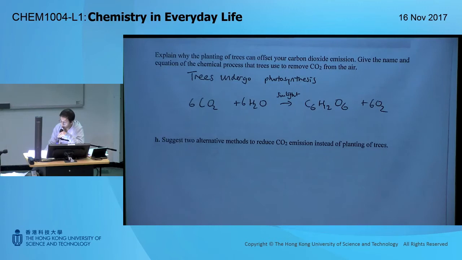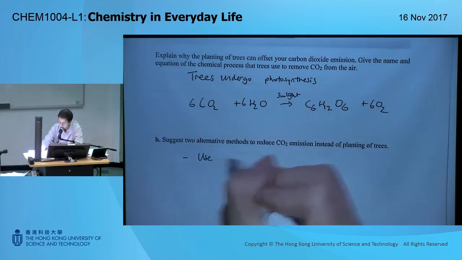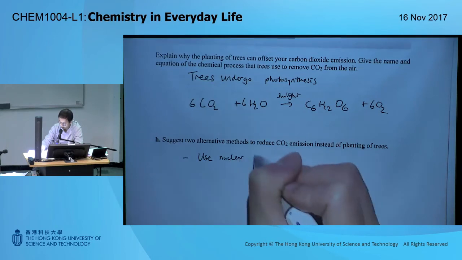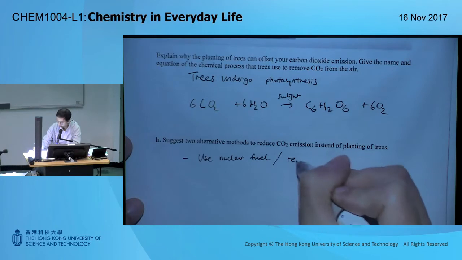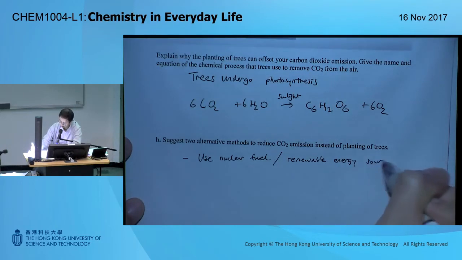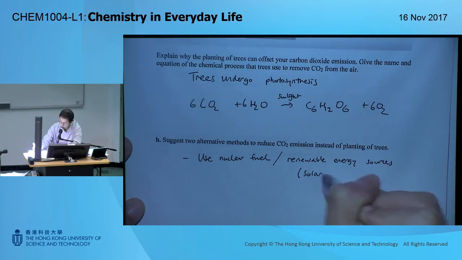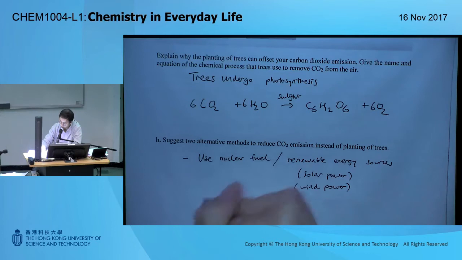Suggest 2 other alternative ways to reduce carbon dioxide emission instead of planting trees. What else could you do? Well, a few things. For example, use nuclear power or other renewable energy sources. So here you could suggest solar power, wind power, things like that, instead of burning fossil fuels.